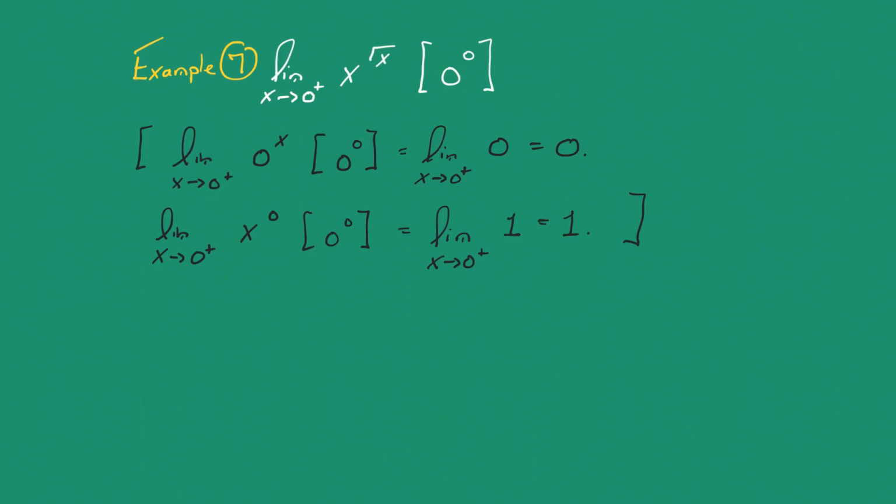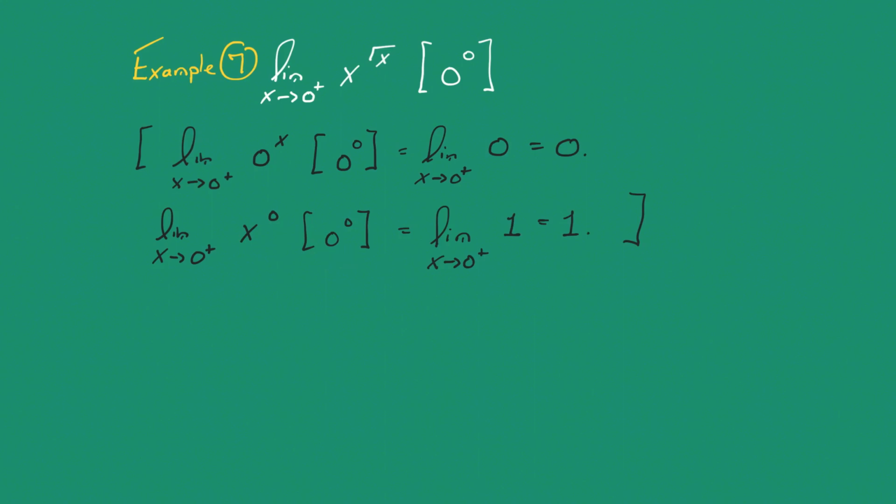As an aside, you might be wondering, why is a limit of type 0 to the 0 indeterminate? Well, it's not too hard to show that a limit of type 0 to the 0 could take multiple values.